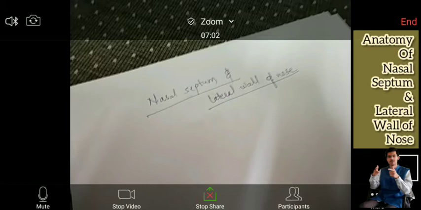So simply you can remember that this posterior half is supplied by the branches of the pterygopalatine ganglion, and the anterior half by ethmoidal nerves and alveolar nerves. Now whose branch the alveolar nerve is, don't go into details, you don't require it right now.